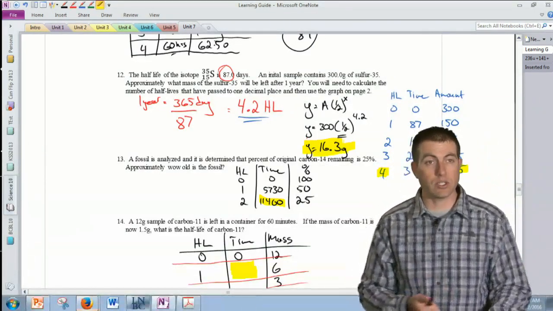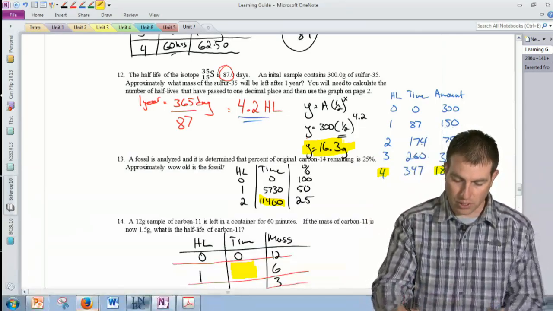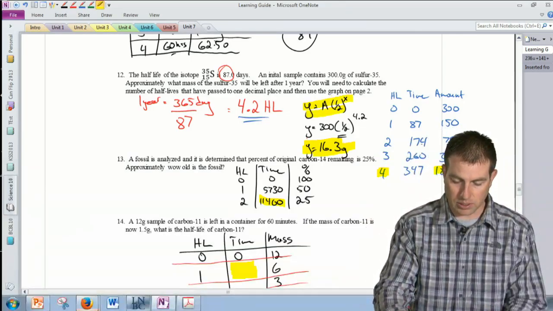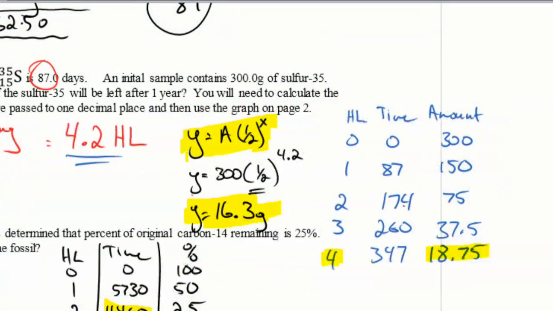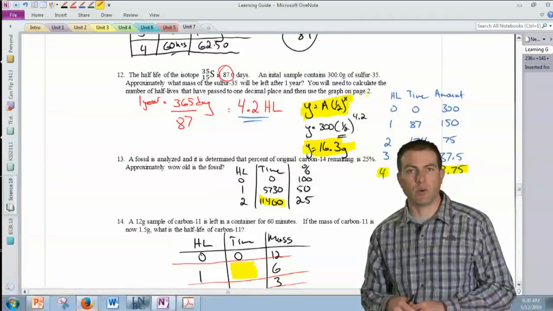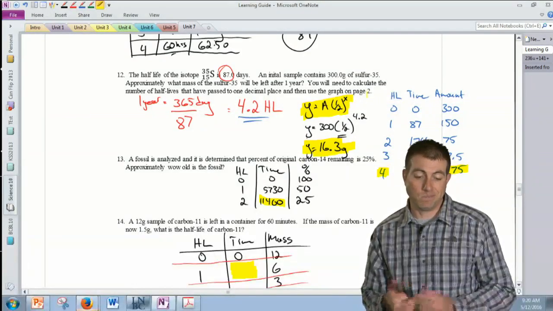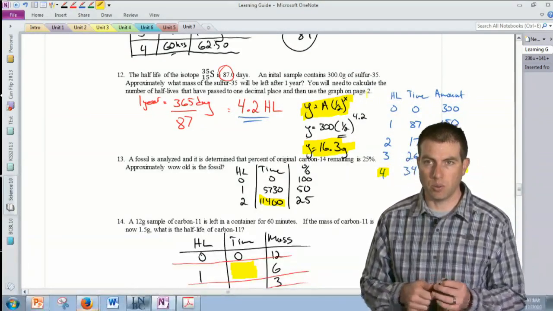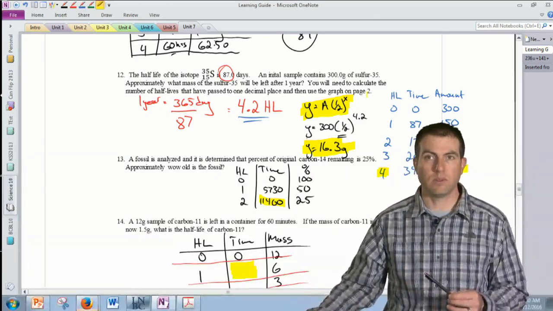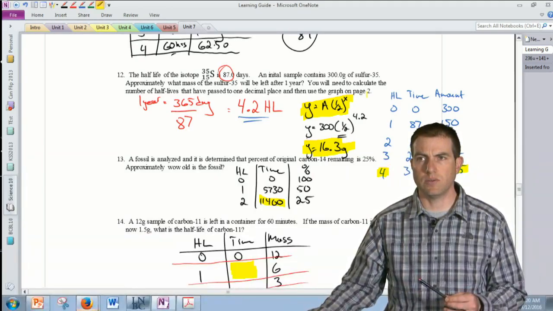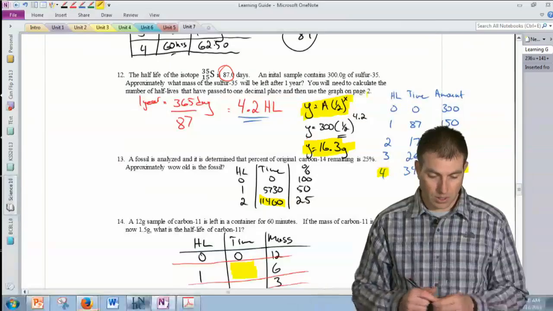So can you use the equation on the exam? For sure. You can use it, but you've got to memorize it. And I don't know if it's worth memorizing. That's why I hesitated to show it to you in the first place. But if you know how to use it, it'll do all your half-life questions for you. So it's just a good way to find the answers if you wanted to use a formula.